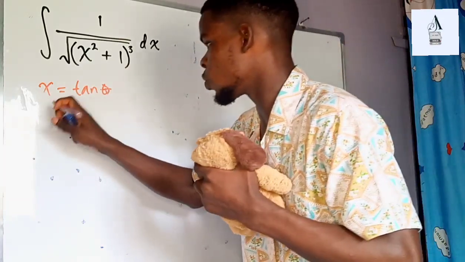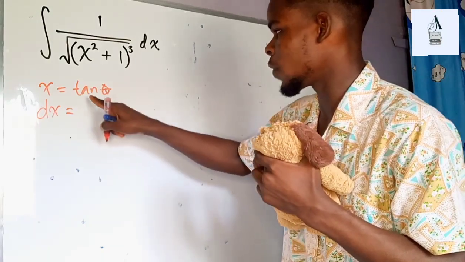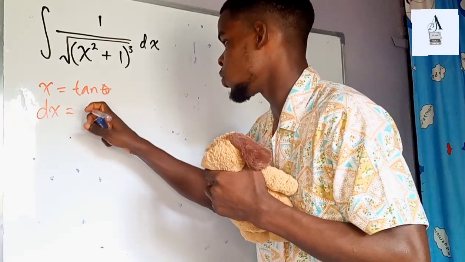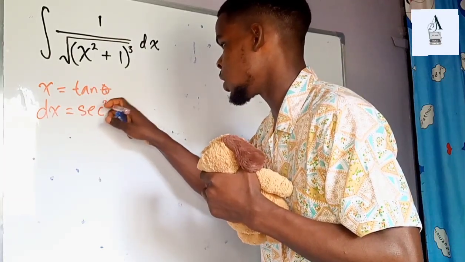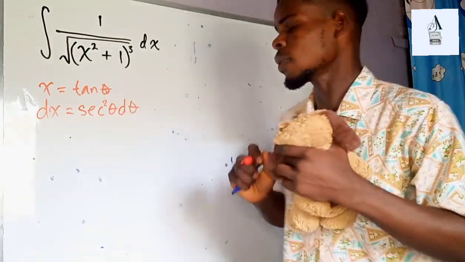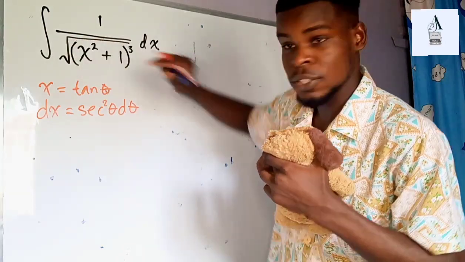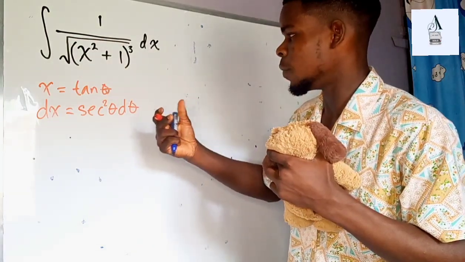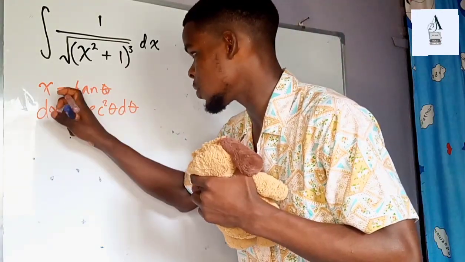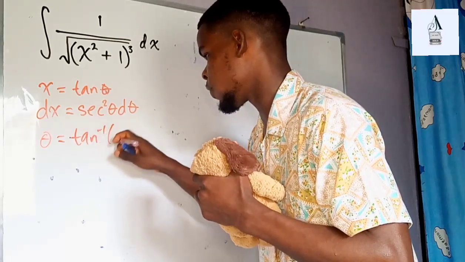If we differentiate both sides, the derivative of tangent of theta over the theta variable is secant squared theta, so dx is secant squared theta d theta. Also, if x is tangent of theta, we can make theta the subject by taking tangent inverse of both sides. So theta can be rewritten as tangent inverse of x.